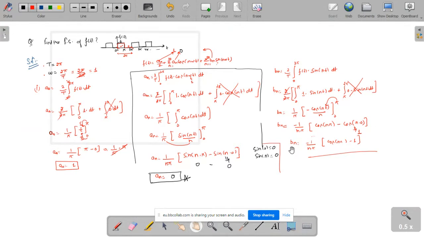So most of the time we ask either a0 or an or bn, any one of these three, not all, because it is impossible to solve. You don't have so much time, so most of the time we ask only one.